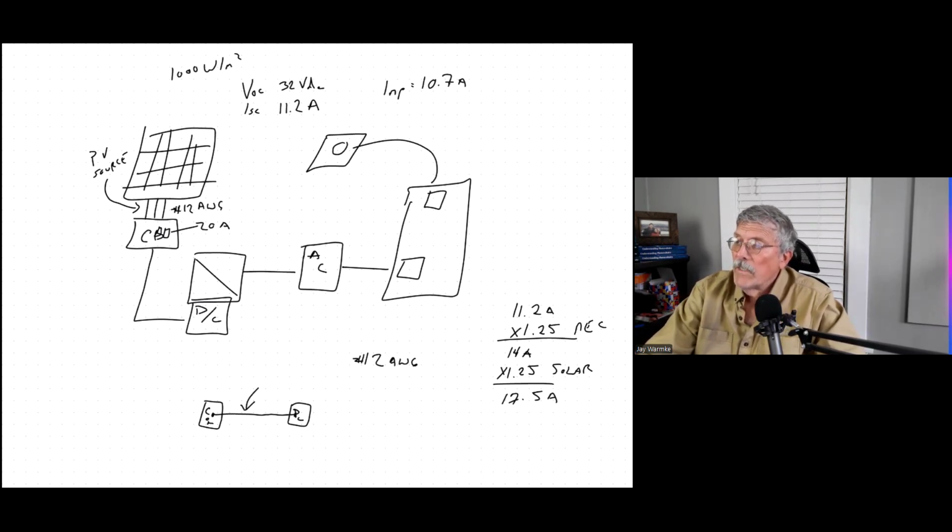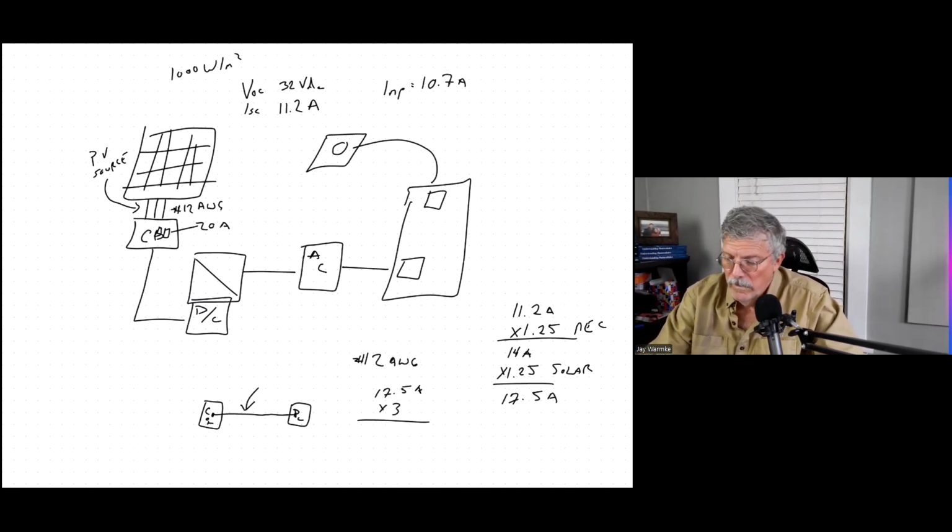We know that it's 17.5 coming in. We know that there are 3 of them. So it's going to be 17.5 times 3, or 52.5 amps. So the wire leaving needs to be rated for 52.5 amps.